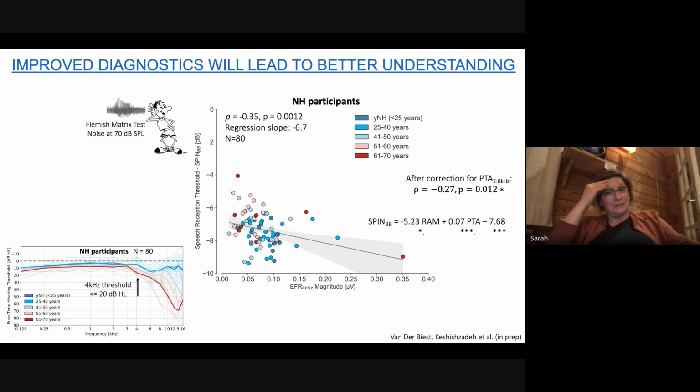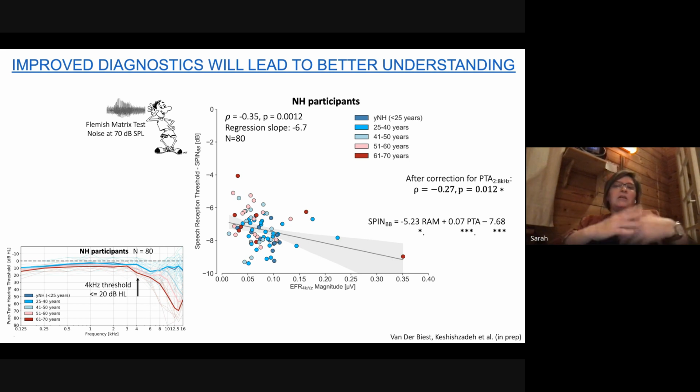And then the marker with speech reception thresholds here, if you look at the correction for PTA, the RAM EFR is still a significant contributor to the end result of speech intelligibility. But as this model also shows, it might not be the only thing that determines your speech intelligibility.